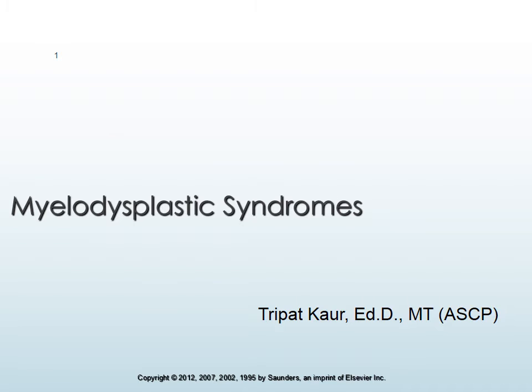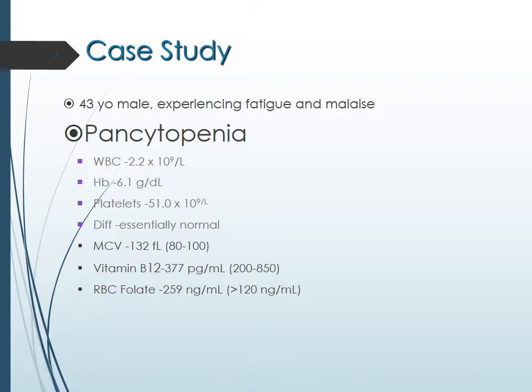We will start with a case study that is listed in your textbook of a 43-year-old man who is experiencing fatigue and malaise. He has pancytopenia with a WBC count of 2.2 times 10 to the power 9 per liter, a low hemoglobin of 6.1 grams per dL, and a low platelet count of 51 times 10 to the power 9 per liter, and the differential is essentially normal.